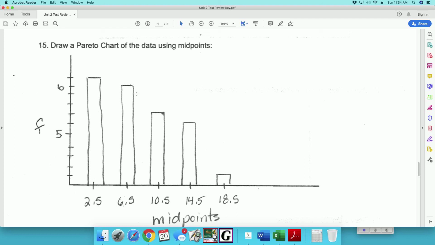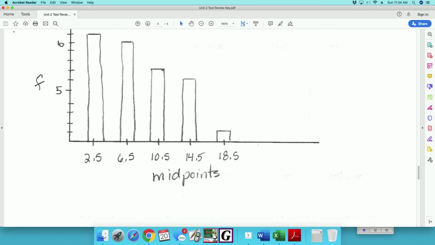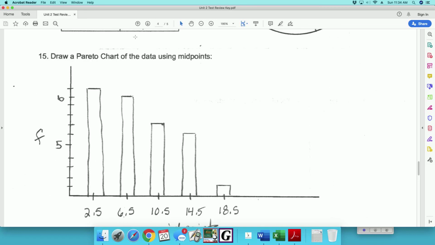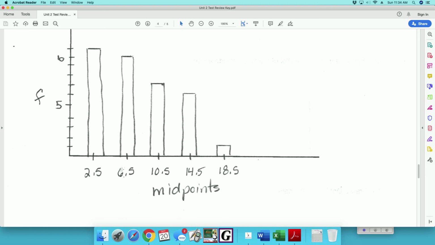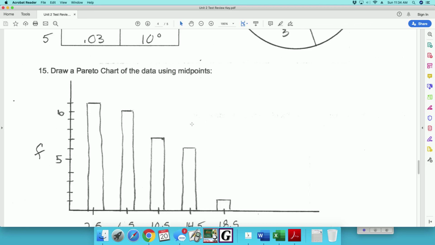So for a Pareto chart, you go greatest to smallest, and then down here, I guess it should not be based on midpoint, it should be based on your classes. So down here there should be class 1, class 2, class 3, class 4, and class 5. So for the test, make sure you put the classes down here. I'll make sure that this says data using classes.